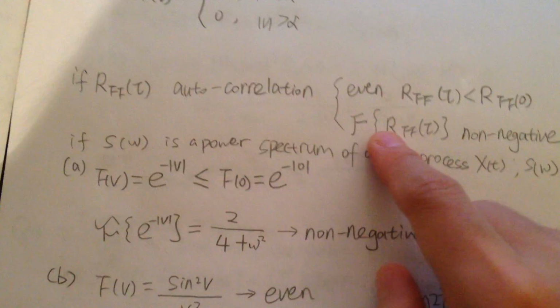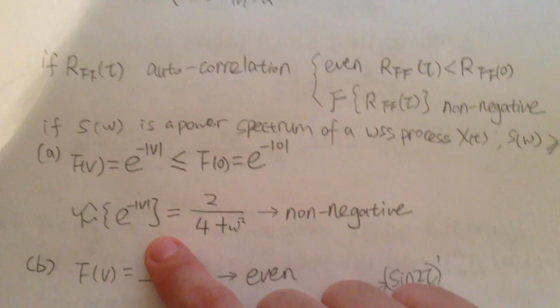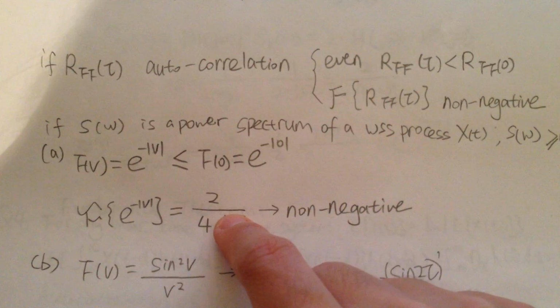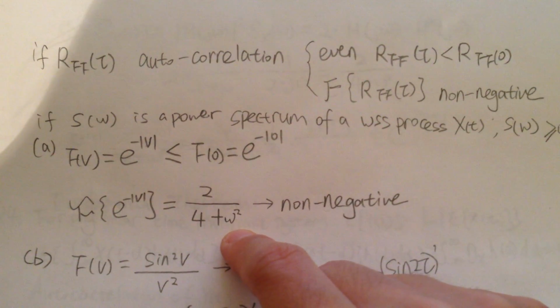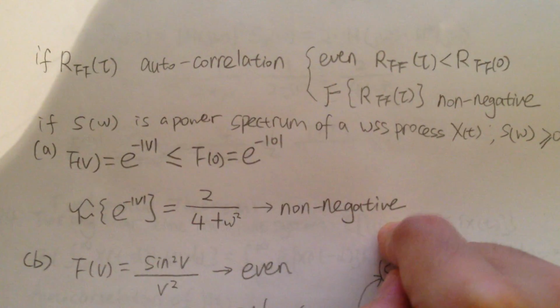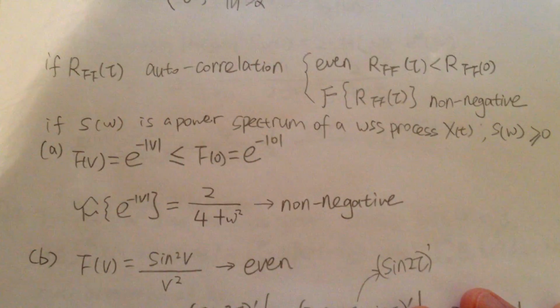So let's look at the Fourier transform of this function. According to the formula definition, we should get 2 over 4 plus omega squared. Clearly, it's non-negative. So it could be an autocorrelation function.